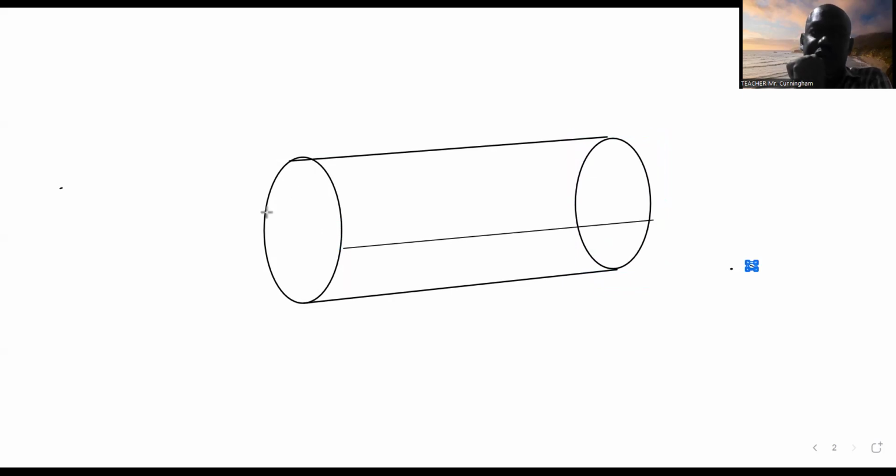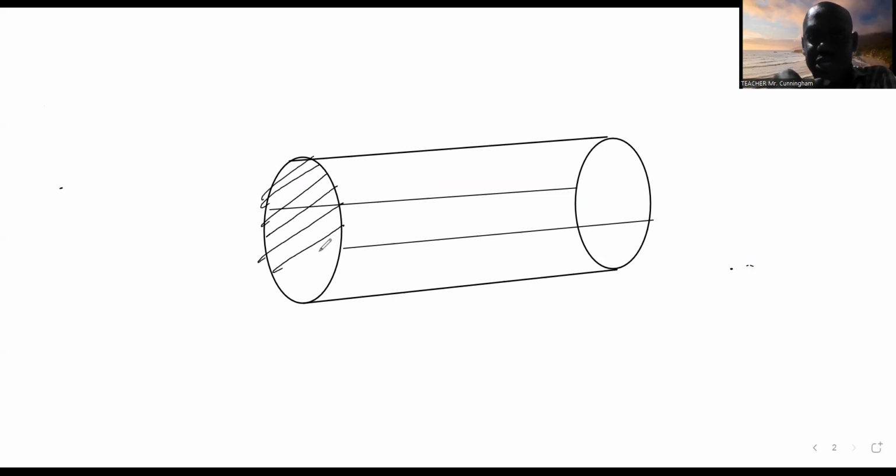So the volume of a cylinder is equal to, I want to show you this, the cross section. Everybody agree that this circle is a cross section? Yes, sir.